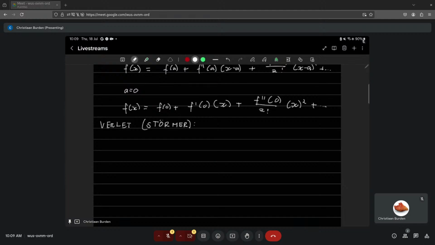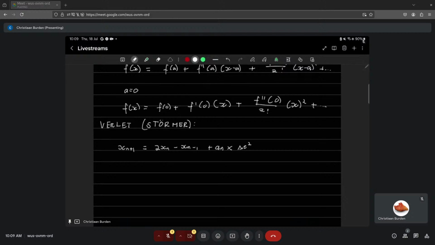And what does this formula say? Well, if you look it up on Wikipedia, you'll see that x_{n+1} is equal to 2x_n minus x_{n-1} plus a_n times delta t squared.